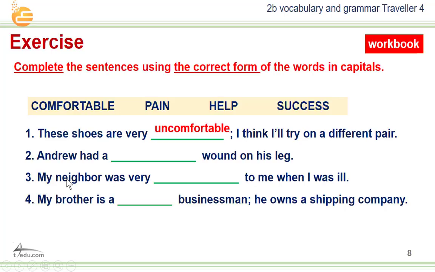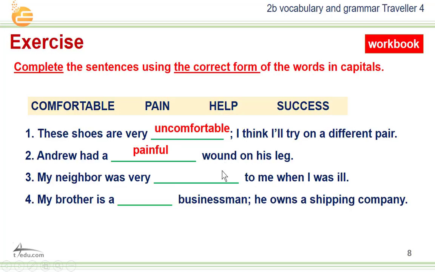Number 2, Andrew had a blank wound on his leg. Pain, help, success. Had pain, wound. Can we say pain, wound? No. We should say painful, painful wound on his leg. My neighbor was very blank to me when I was ill.